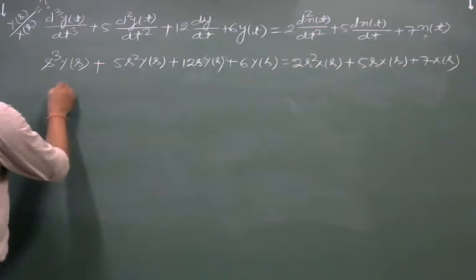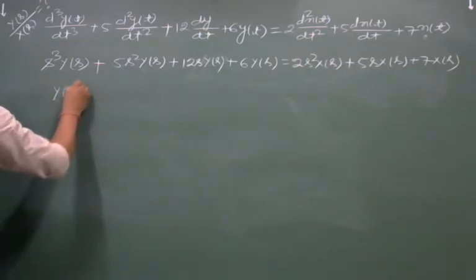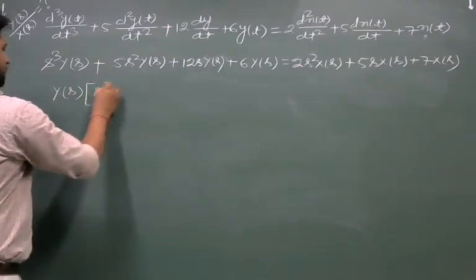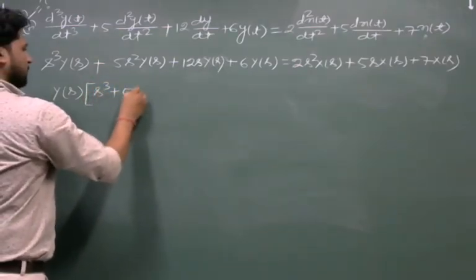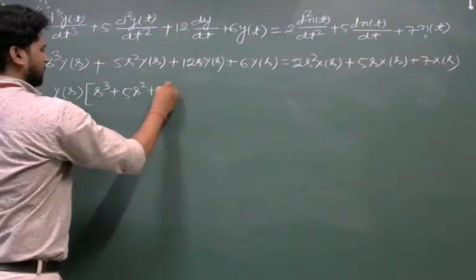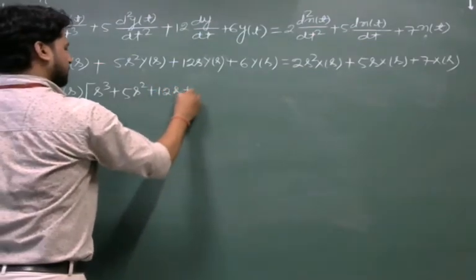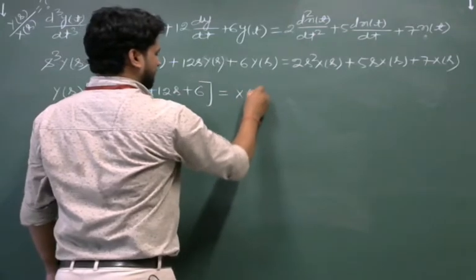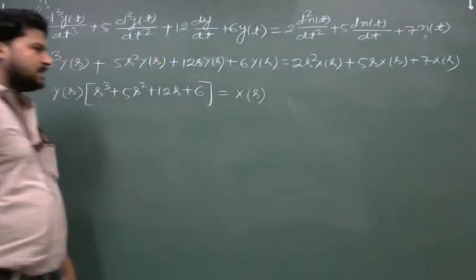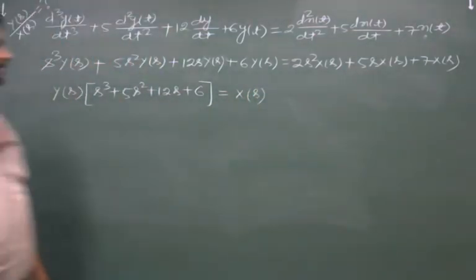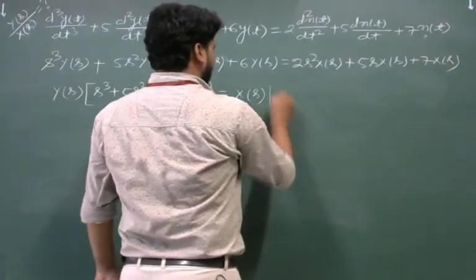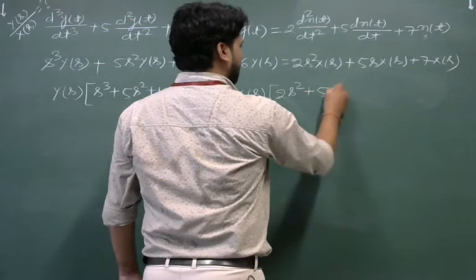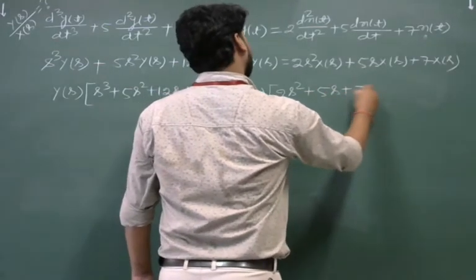So I will take y of s common from the left side and this will become s cube plus 5 s square plus 12 s plus 6 is equal to, taking x of s common from the right side, 2 s square plus 5 s plus 7.